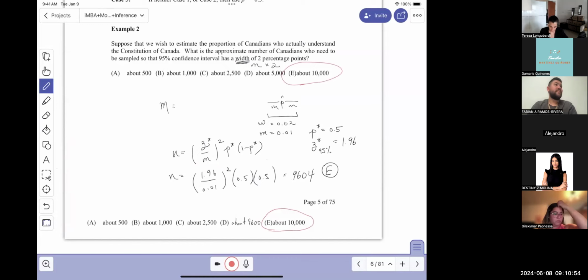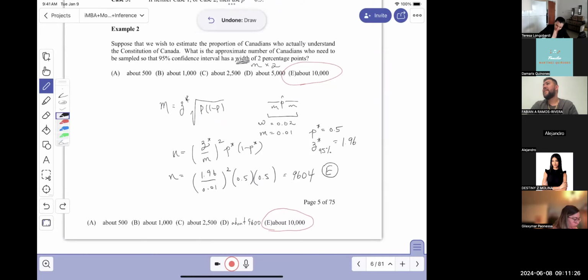Margin is equal to z star times the standard deviation, like that. So the N is here.